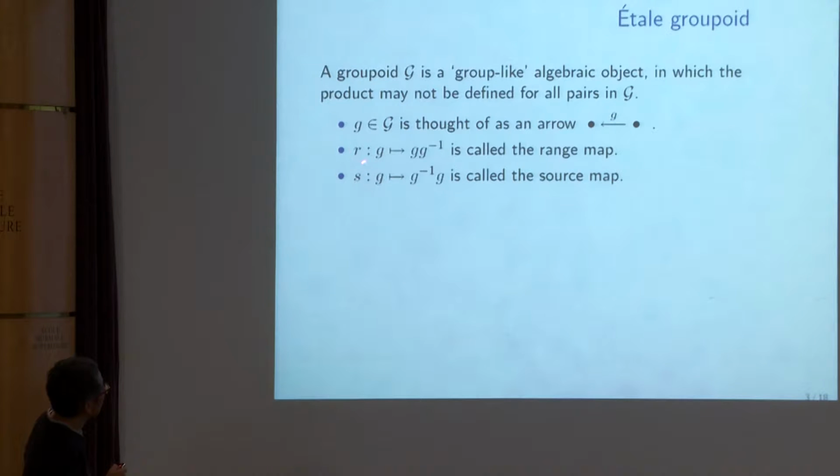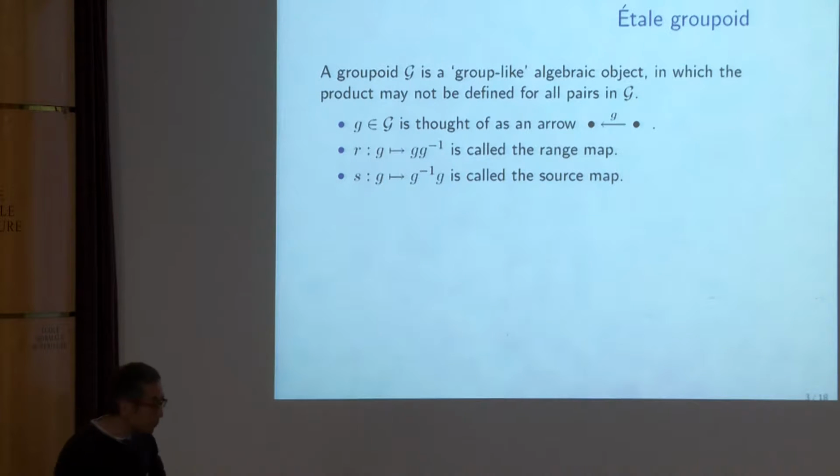R denotes the range map: r of g is the range of this arrow, and this is a unit, a point of our Cantor set.